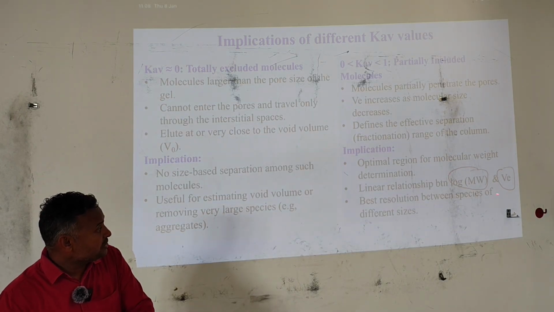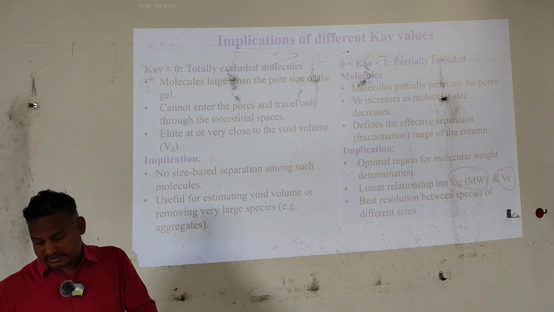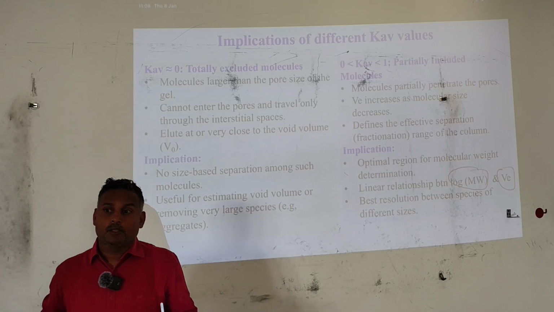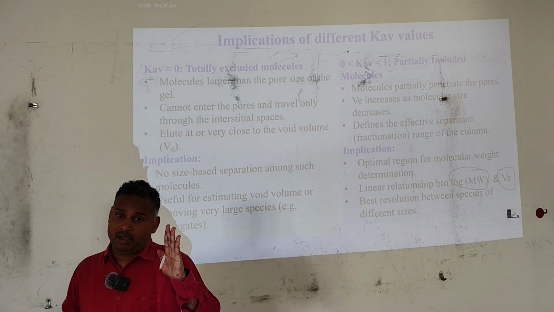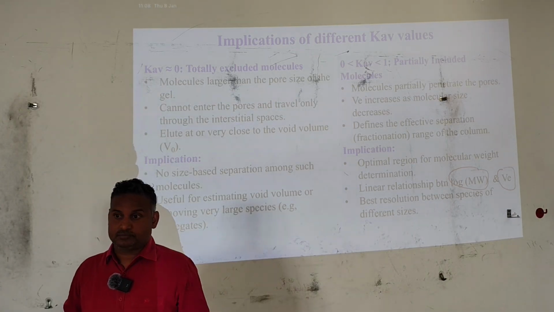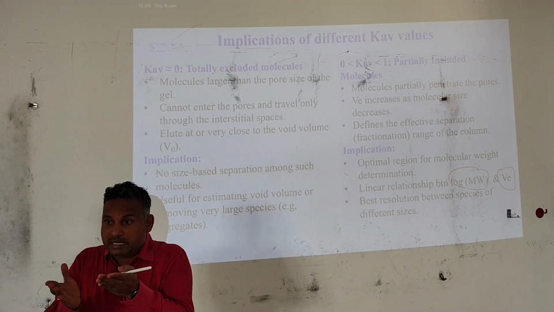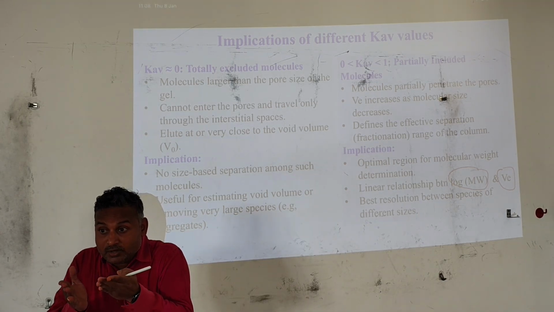It gives the best relation between species of different sizes if KAV is between 0 and 1. That means we need to maintain all the conditions in such a way that KAV is between 0 and 1.